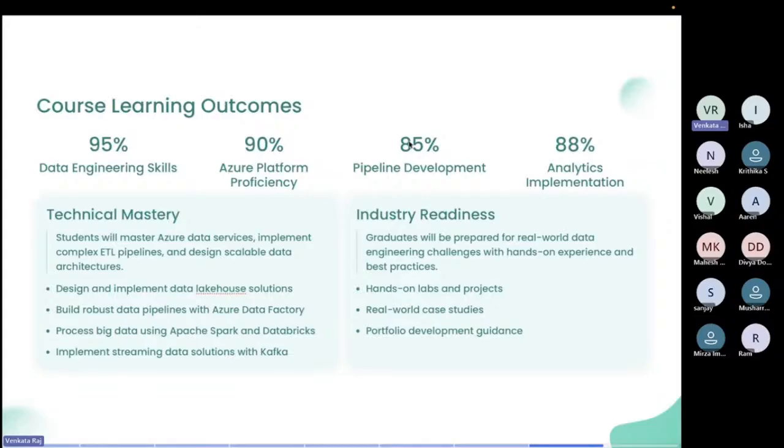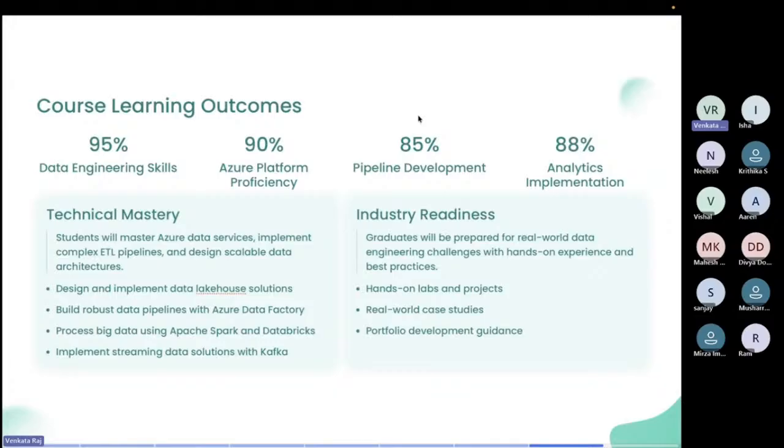Pipeline development, the reason I have mentioned 85% is because I don't want to tell you that once we are done with these projects and this course, you will become a master of pipeline development. The answer is no, because it will cover some scenarios. It will cover around 70 to 80% of the scenarios that you get to see in your day-to-day job. But sometimes there will be new scenarios where you discuss with your architects and product owners, and there you have to debug and identify how you want to design that pipeline.